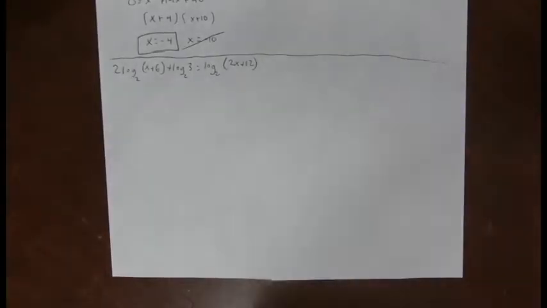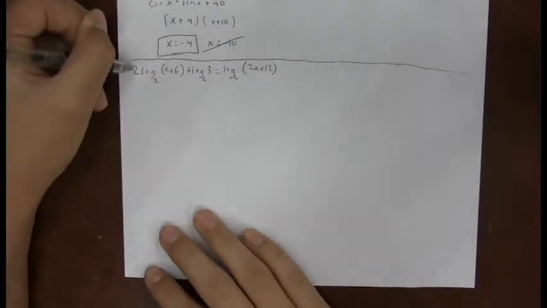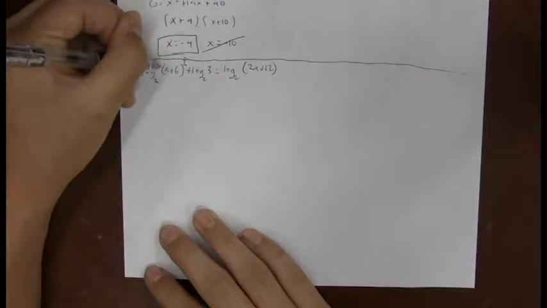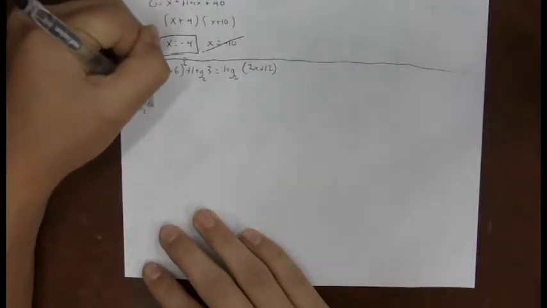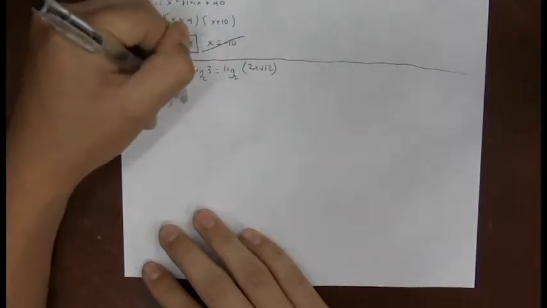Alright, now for question 2. First step would be to move this 2 over, which you'd move to be squaring this first term. So you'd rewrite it as log base 2 of x plus 6 squared.